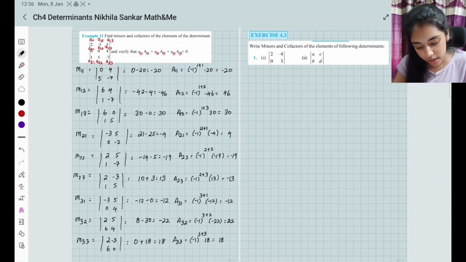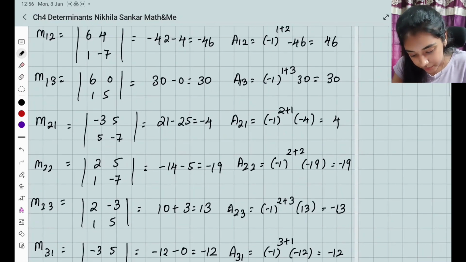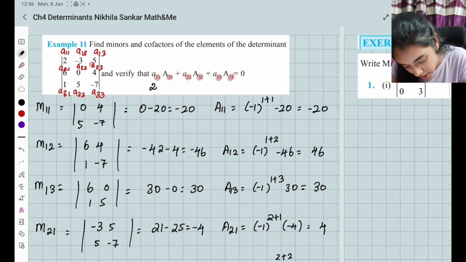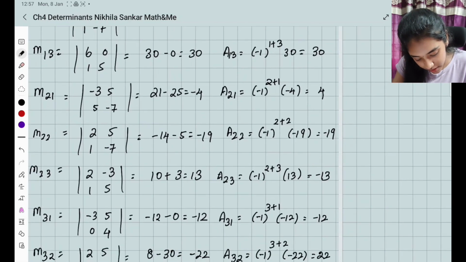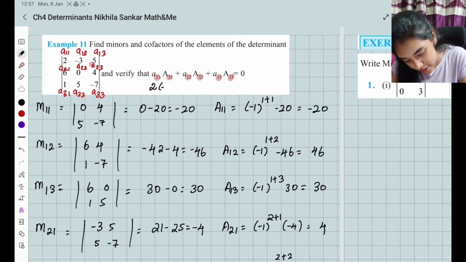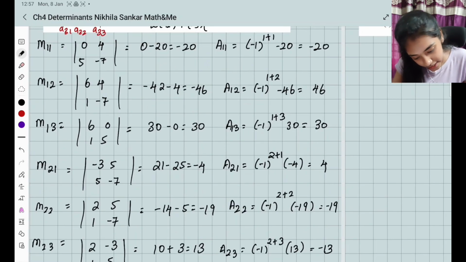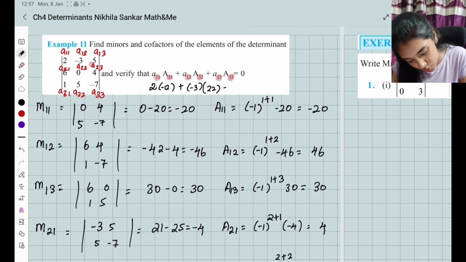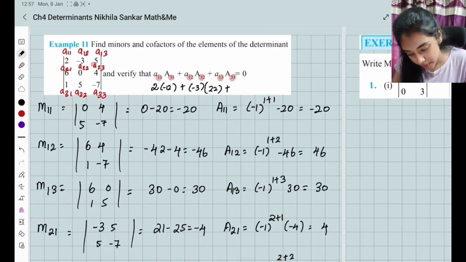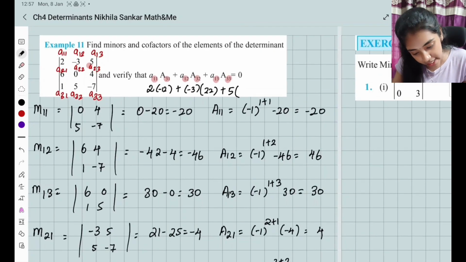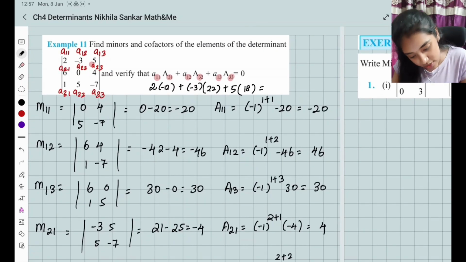Now, what are we asked to prove? I have to prove A11 A31 plus A12 A32 plus A13 A33 is 0. A11 is 2 times A31, which from here is minus 12. Plus A12 is minus 3 times A32, which is 22. Plus A13 is 5 times A33, which is 18. So what is this going to be?